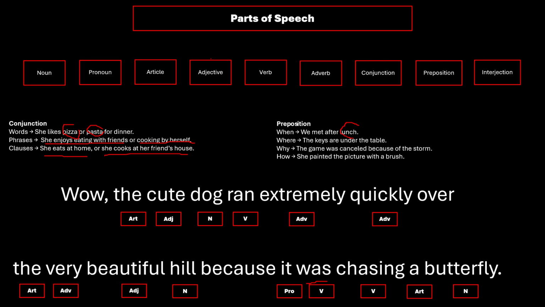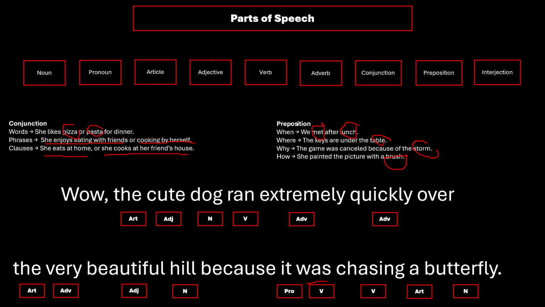See here, lunch, here table, here storm, here brush. So those are just nouns. Can't connect verbs in there. So it's just noun or pronoun. And then you connect those nouns using a preposition showing a relationship to another word.